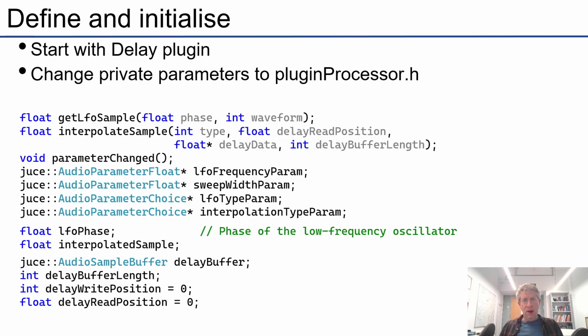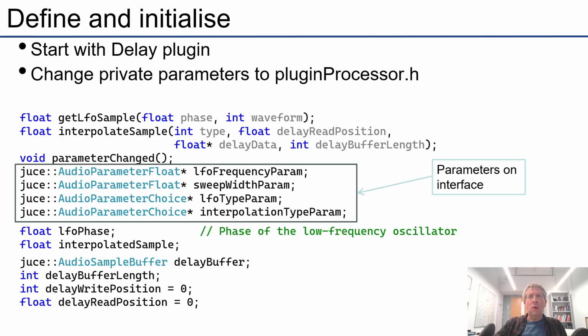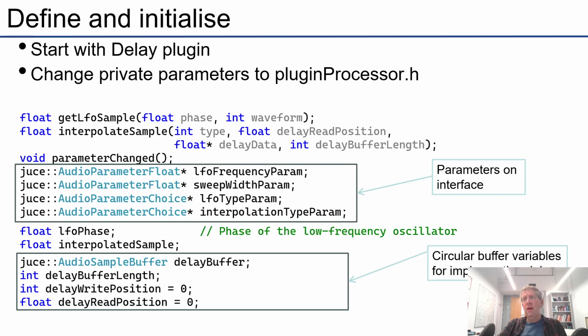And we keep track of the phase as we increment the low frequency oscillator, just as before. So, first, what we've done here is define the parameters that we expose on the interface, and after determining something for the phase of the LFO, we have the parameters associated with the circular buffer because this is all using delay.